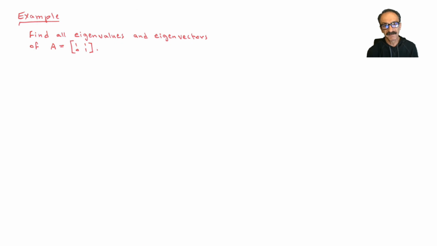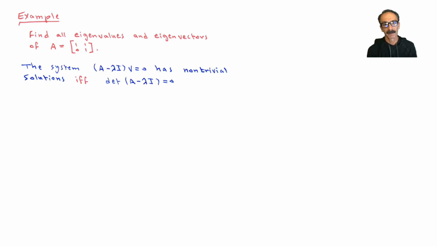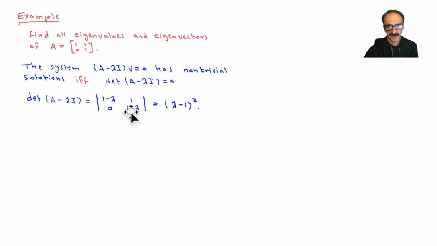Find the eigenvalues and the eigenvectors of A equals 1, 1, 0, 1. Same process, more practice. The system A minus lambda I times V equals 0 has non-trivial solutions if and only if the determinant of A minus lambda I equals 0. So we have here 1 minus lambda, 1 and 0 stays the same, and we look for the determinant. 1 minus lambda times 1 minus lambda minus 0, or lambda minus 1 multiplied by itself twice.